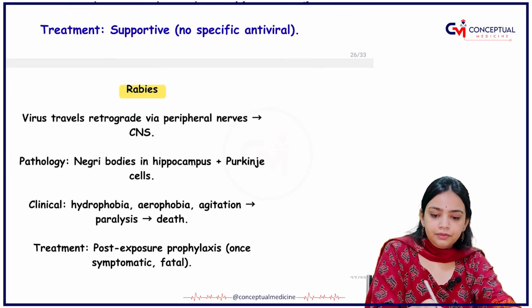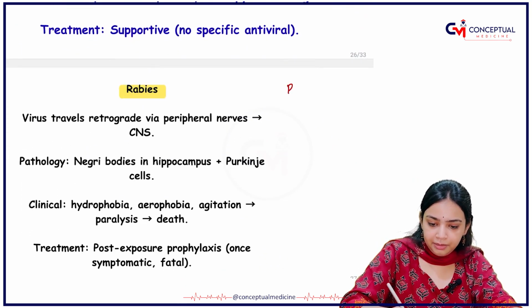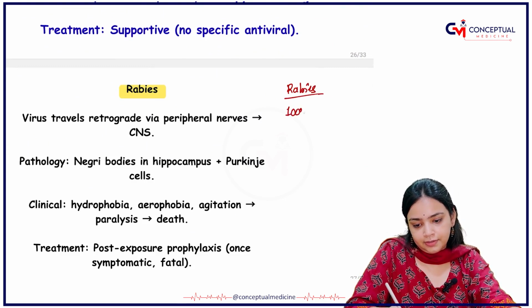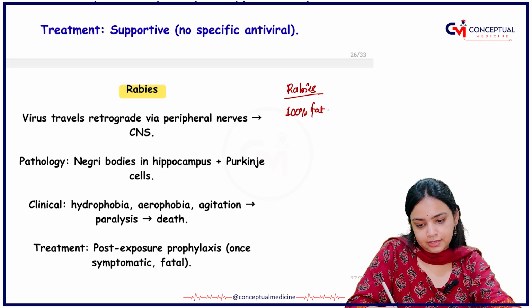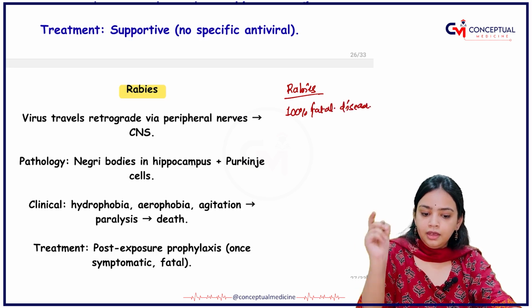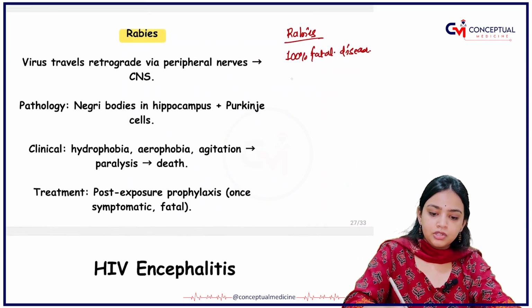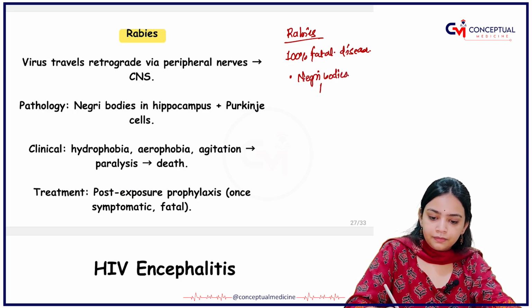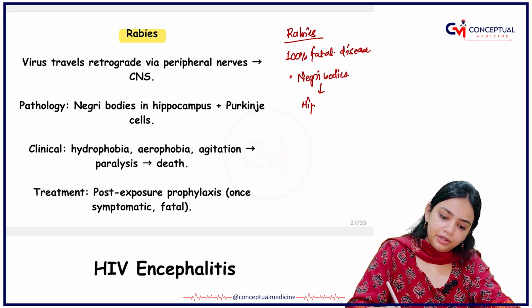Next that we have is rabies. Rabies is a 100% fatal disease. You have something called Negri bodies, present in your hippocampus. What are the clinical features?